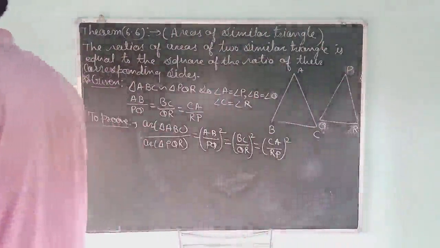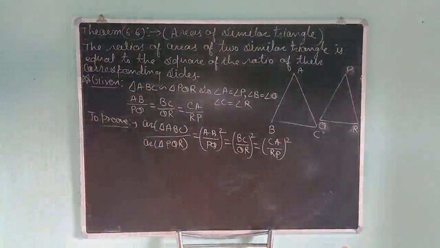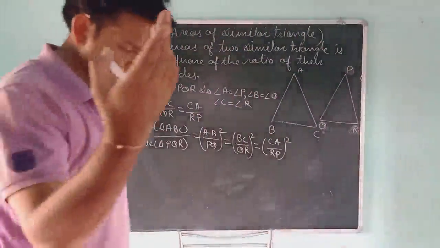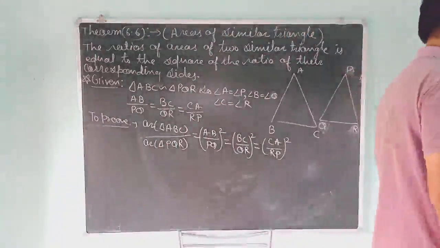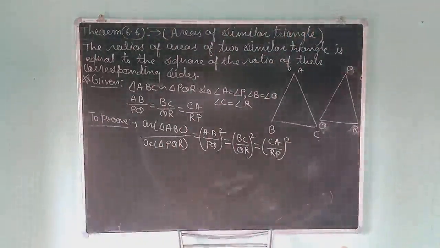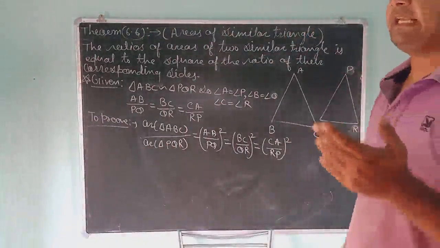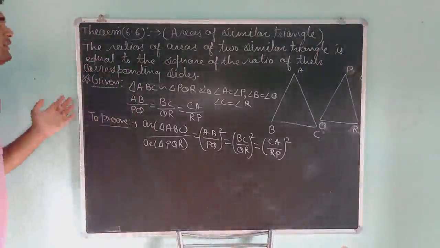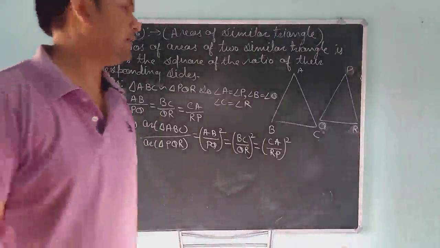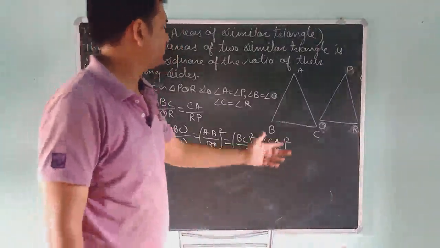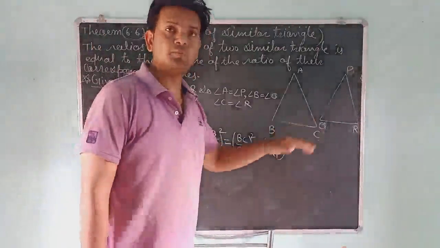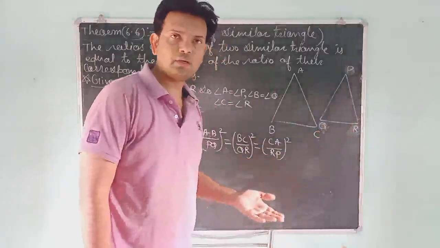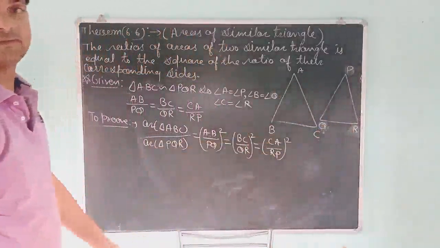I think you remember, and you have done many questions in class 9th. So if you are finding the area of any triangle, then you will use the formula half base into height. Here suppose that the base is BC, suppose the base QR, but we don't have height.